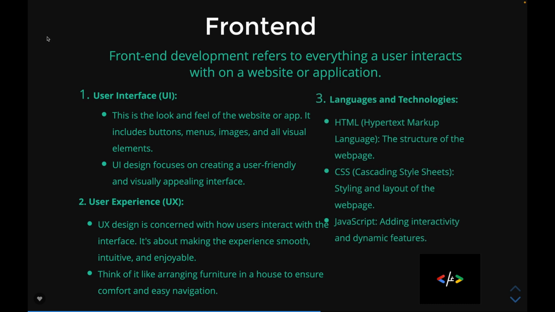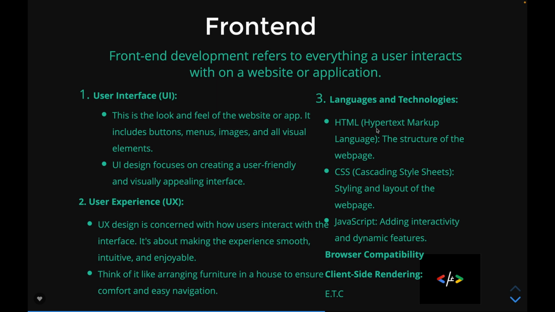Then we have the languages and technologies, the programming languages and technologies that we use in developing the front end are basically three. We have the HTML, which is hypertext markup language, and this is responsible for the structure of the web page. We have the CSS and we have the JavaScript. I'll still talk about that later.